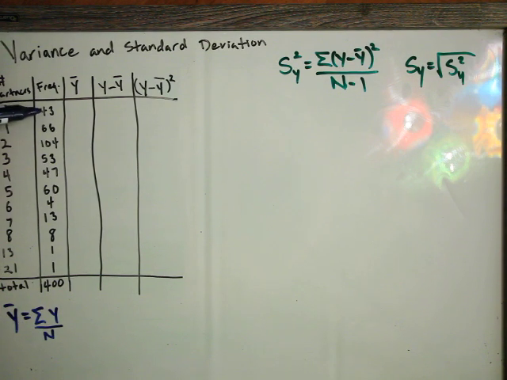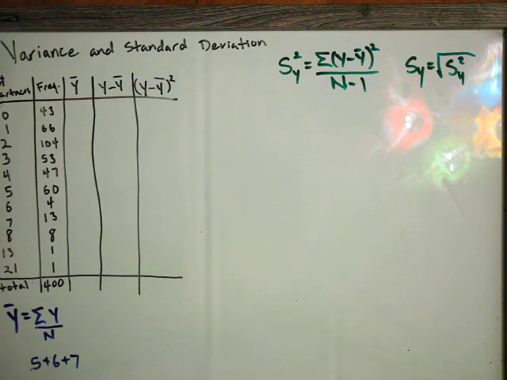But you can't just add all these numbers up. These are the actual values that each person answered. So 60 people answered that they had 5 partners. But you can't just add 5 plus 6 plus 7, because that would be giving one person a value of 5, one person 6 partners, and one person 7 partners.